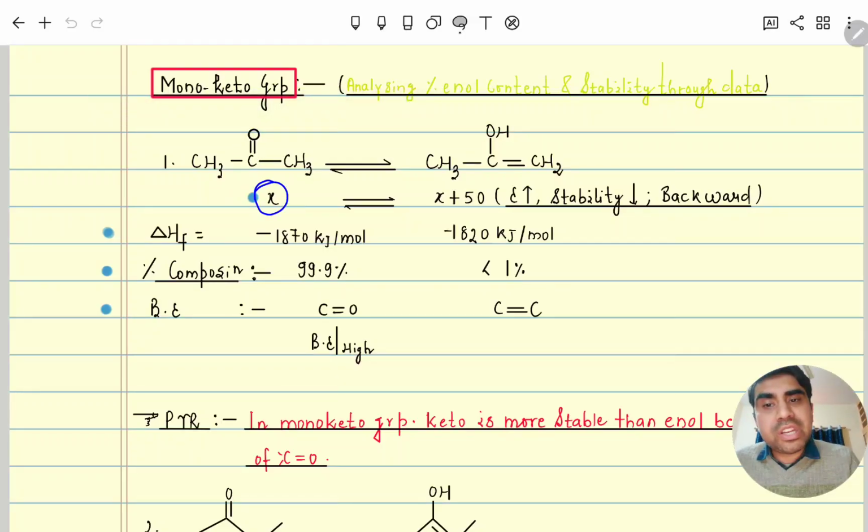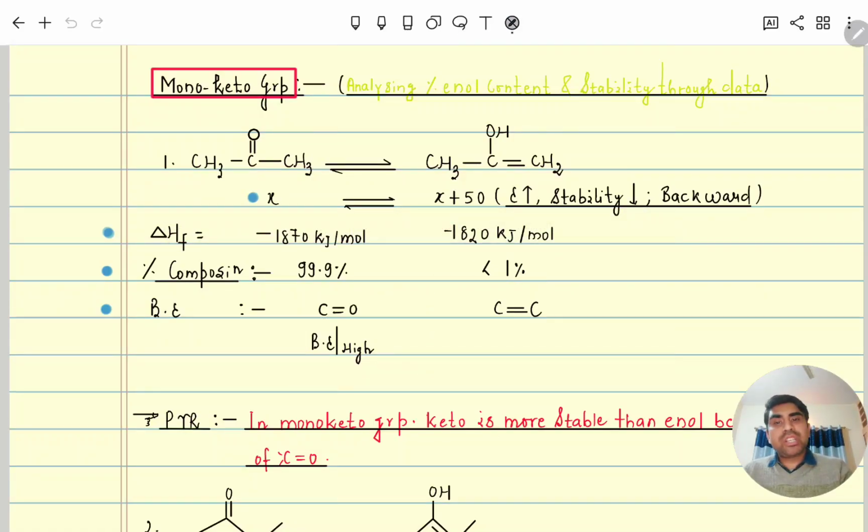Here also you can see its energy is x, but since the bond formed is relatively weak, the energy released is relatively less, so energy here is x plus 50. Clear? Due to that, the keto form is 99.9%, and enol is less than 1%.